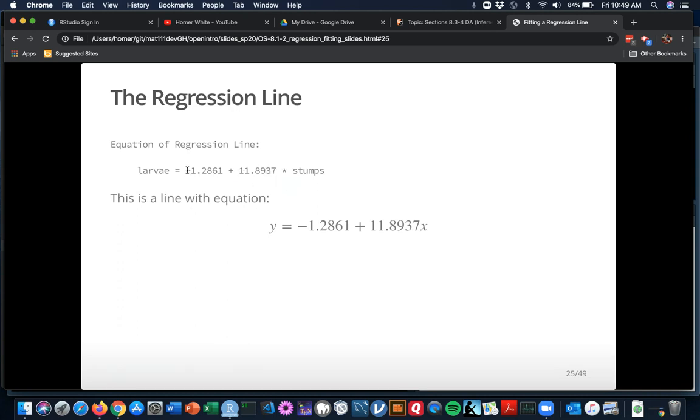So the y-intercept of the regression line is our best guess at that beta naught number, and the slope of the regression line is our best guess at that beta 1 slope number for that linear model.